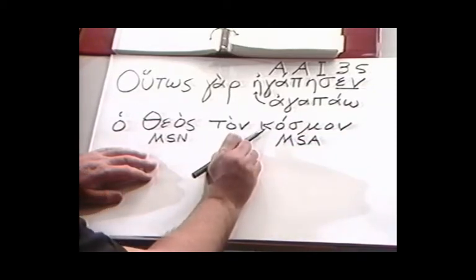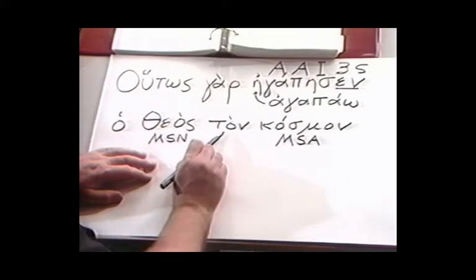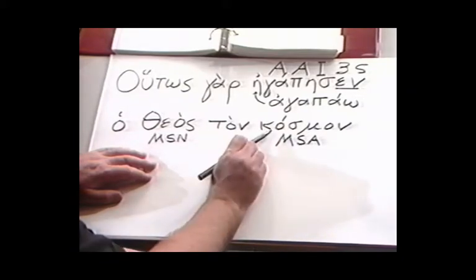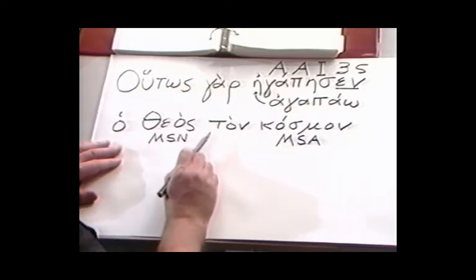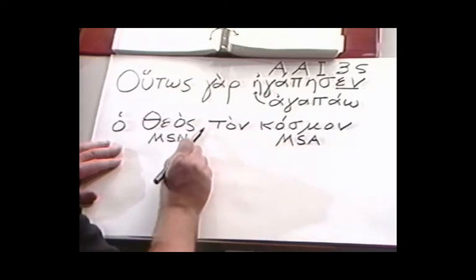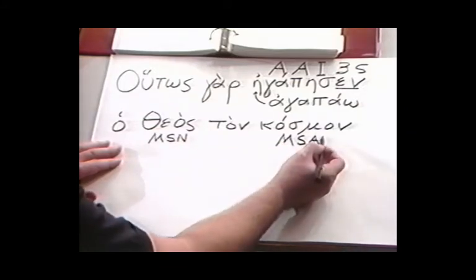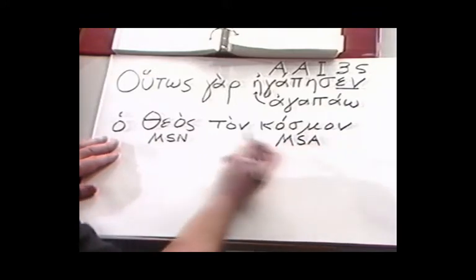How do I know the word is masculine? Well, for one thing, I've got a masculine definite article in this word, but for another thing, I could look it up in a dictionary and memorize it as part of my vocabulary list, that it's a masculine word. Remember also that direct objects will never have a preposition in front of the direct object. So this word, kosmon, would be the direct object. It is telling us what it is that God has loved.